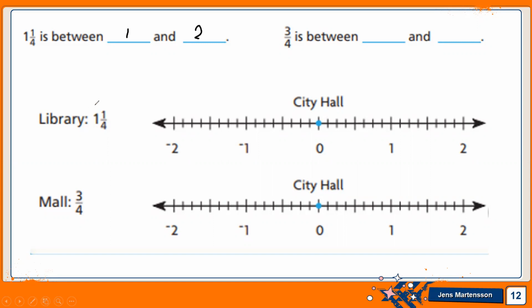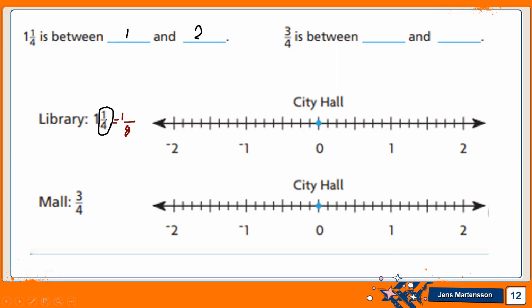Now the next, look at the fraction here. The denominator is 4, but the teacher tells us that it's divided by 8. So I will write an equivalent fraction, but now with the denominator of 8, in order to know where I represent it.